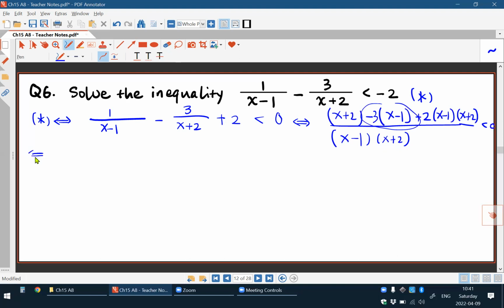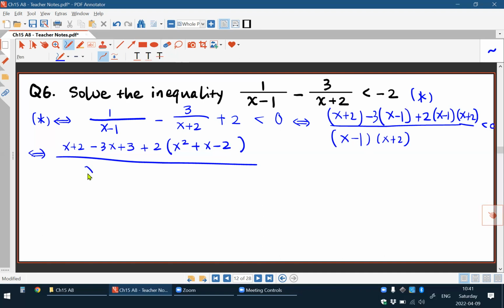All right, then let's simplify the numerator here. This is equivalent to (x + 2) + (-3x + 3), right? Then plus 2 times (x squared minus x plus 2x), which is plus x, then minus 2, right? Then it's over (x - 1)(x + 2).